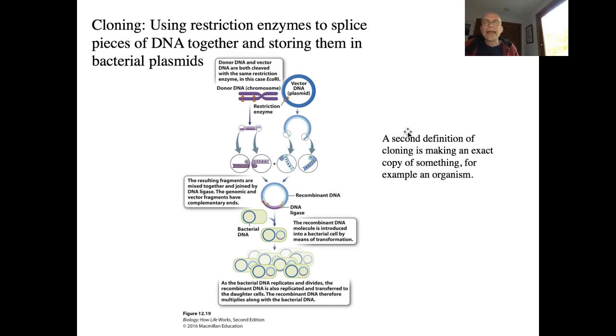So cloning animals would mean make an exact copy of that animal or a plant with the exact DNA sequence. So that would be cloning. Now, those 2 terms mean something different, really. One is storing of DNA and making recombinant DNA, and the other one means making copies of something.